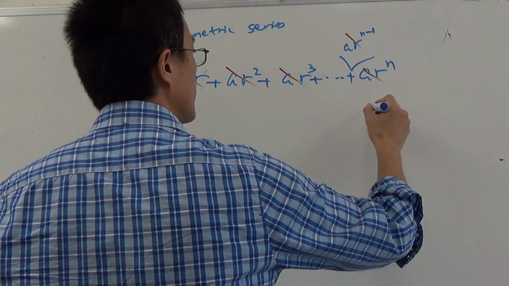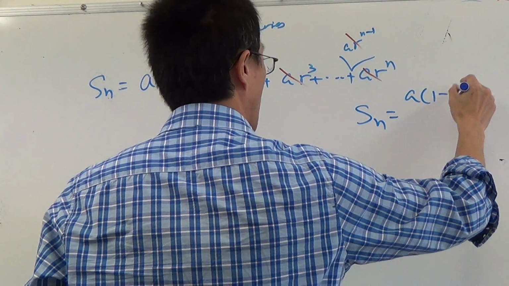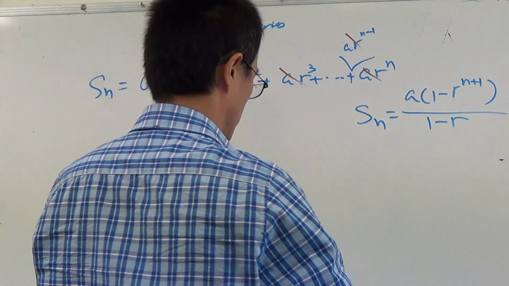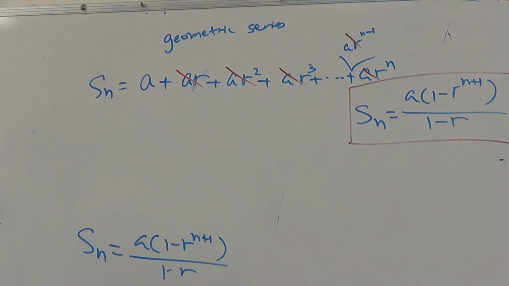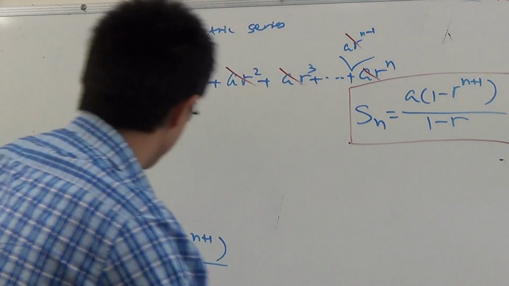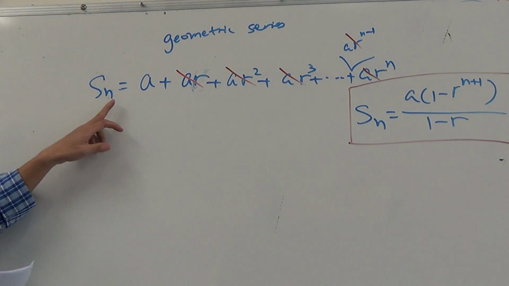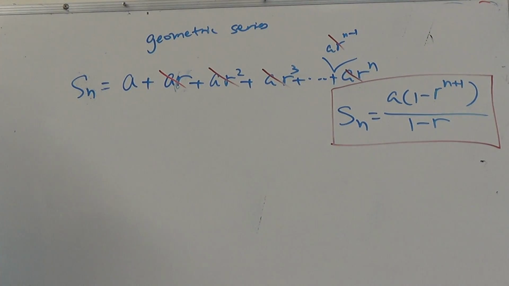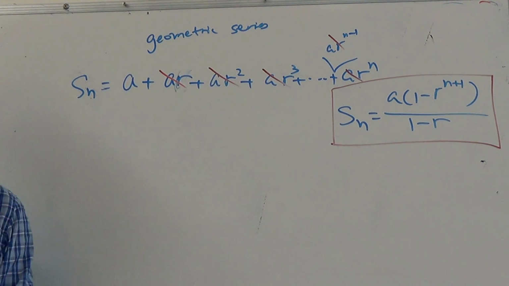So Sn is equal to A times 1 minus R to the power n plus 1, divided by 1 minus R. That's the sum of the first n terms. What's going to happen if I let n approach infinity? I have infinitely many terms, so I sum over infinitely many n terms.